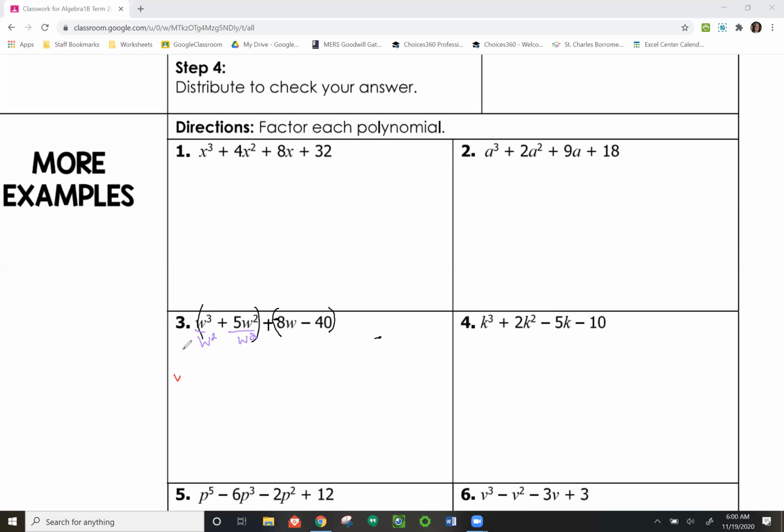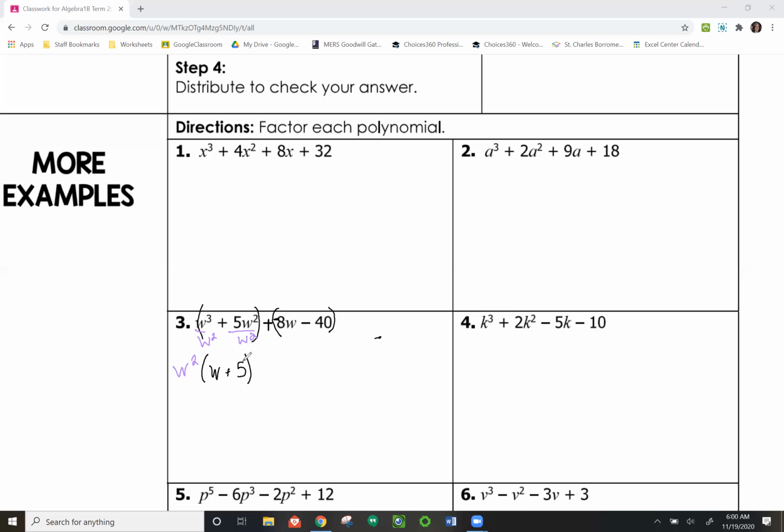Let's take out this w squared. I want to show you something. I want to make sure that we understand what we're going to be factoring in the next one. Well, w cubed divided by w squared is just w. 5w squared divided by w squared is just 5. Okay, so we have a w plus 5 right here.